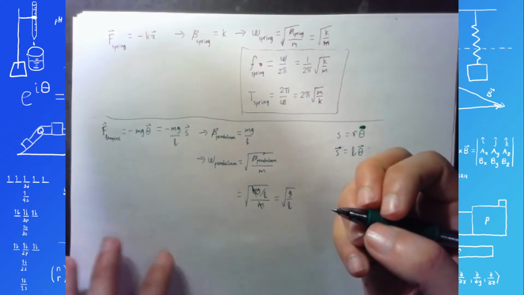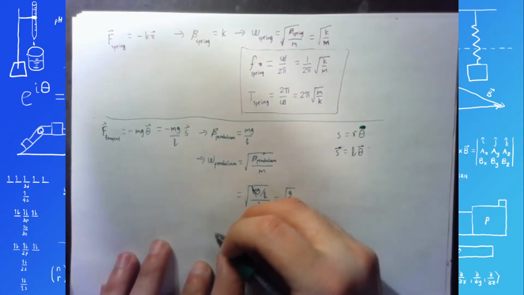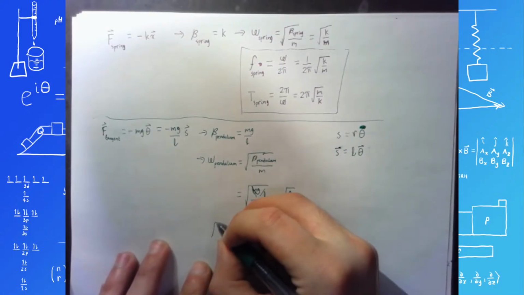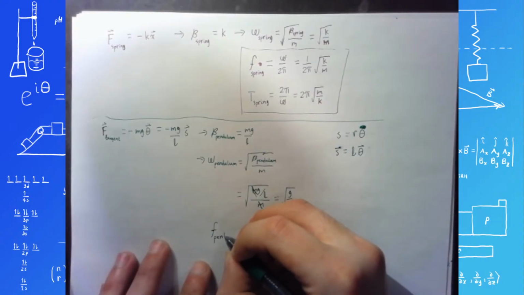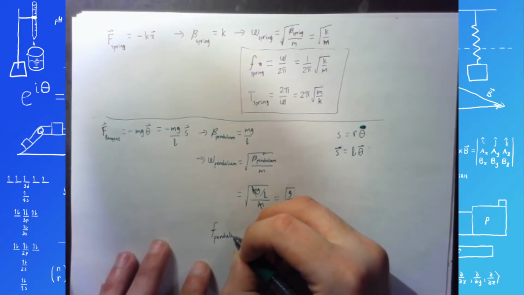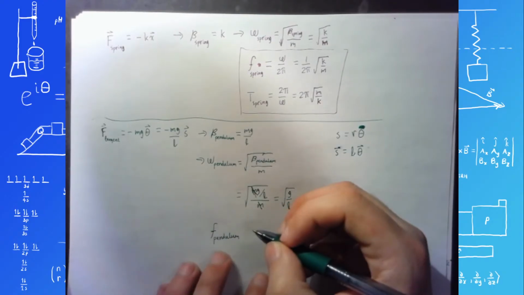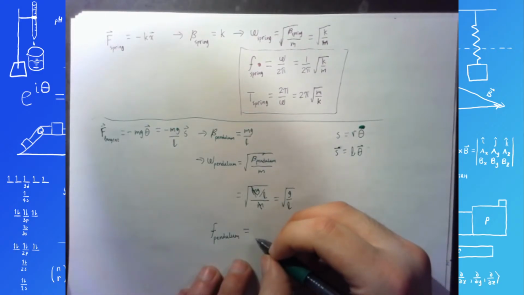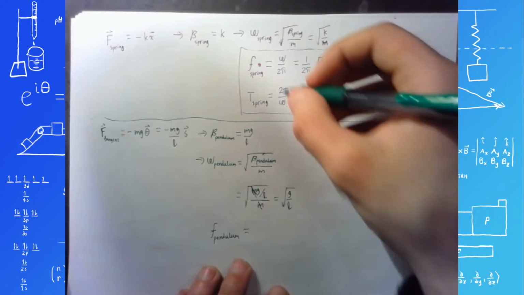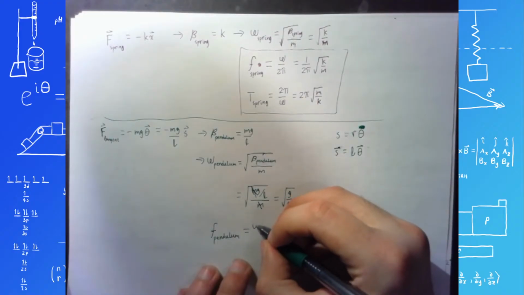And we can now define the frequency and period for a pendulum, a simple pendulum, mind you. F pendulum is going to be omega over 2 pi.